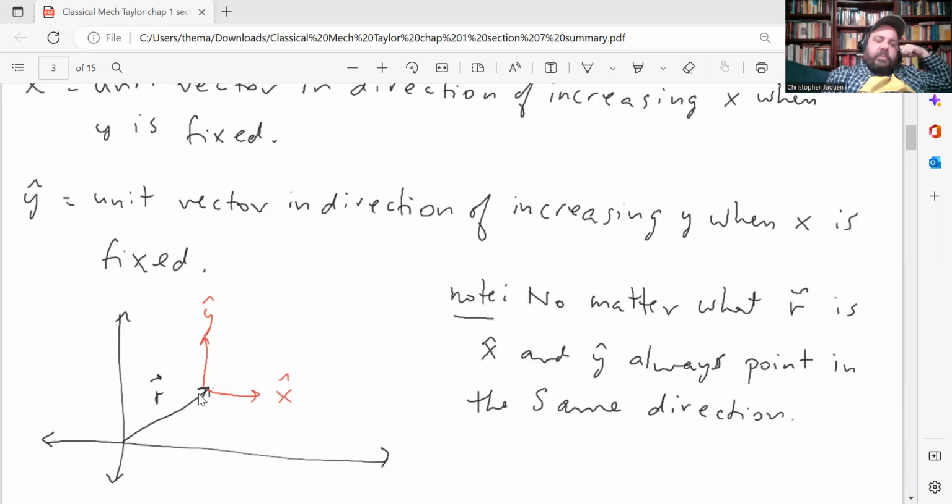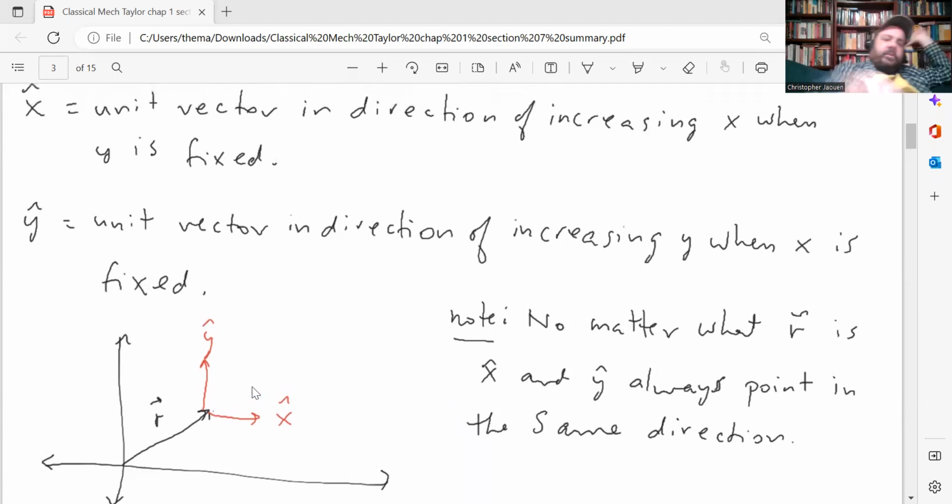If r is the position vector, then we can put the unit vector in the x direction, x hat, with its base at the head of r, and that horizontal red vector is the unit vector x hat. Similarly, y hat is the unit vector in the direction of increasing y when x is fixed. Again, I have the unit vector y hat drawn here in the picture.